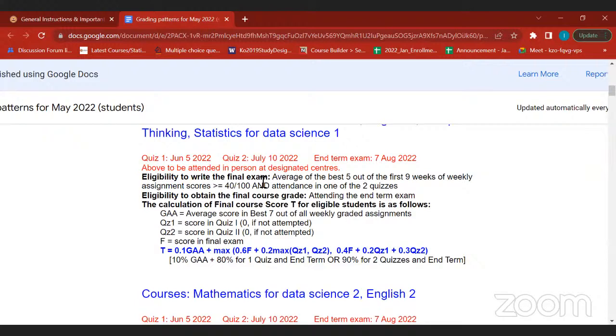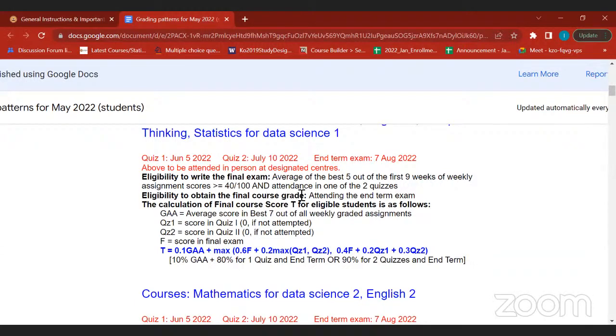So you will get whether you are eligible to write the final exam or not. And attendance and one of the 2 quizzes are also mandatory. So you can calculate yourself also what your best 5 average of 8 is coming out to be and check the score requirement in week 9. Yes, sir, got it, sir.